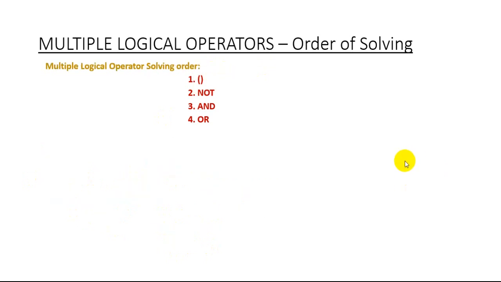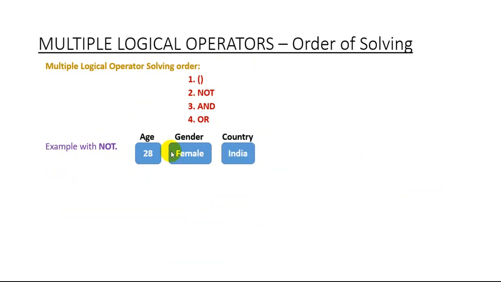Okay, and finally we will see how a NOT will be evaluated. We'll take the same scenario. Here actually we have one numeric variable called age containing 28, and two alphanumeric variables called gender and country containing female and India. Double quotes I have not put.